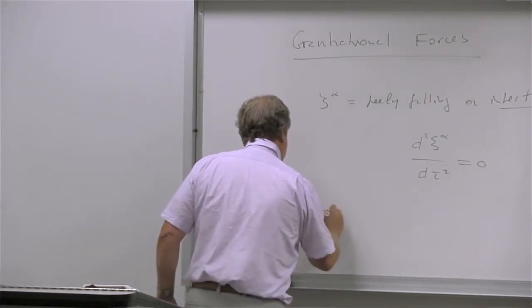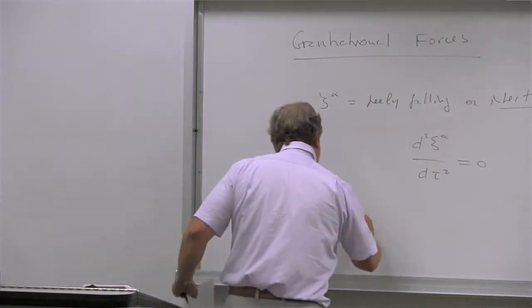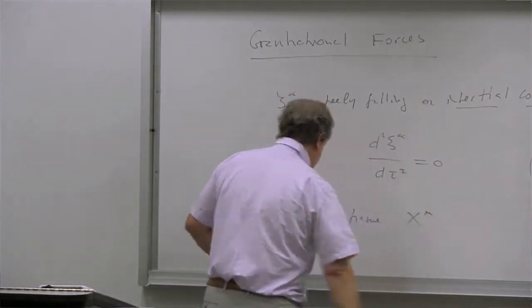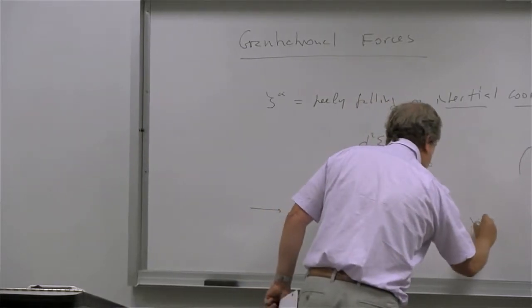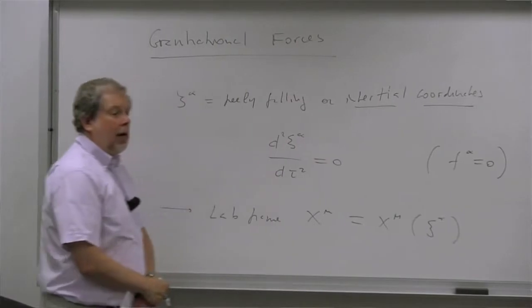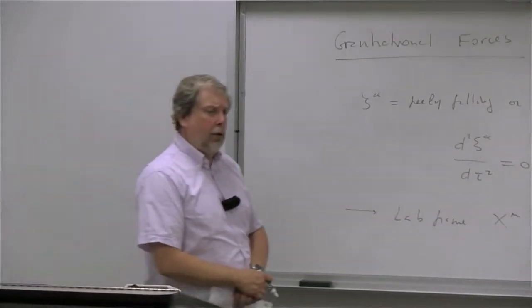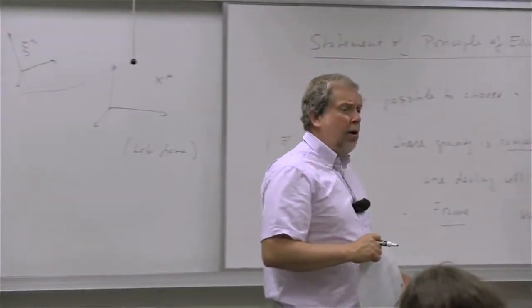So the lab frame we denoted by x mu, right? And this x mu is going to be a function of the psi alpha. There is a transformation that leads from one to the other. We saw what the transformation looks like a second ago when we looked at a body that is falling from the Tower of Pisa.